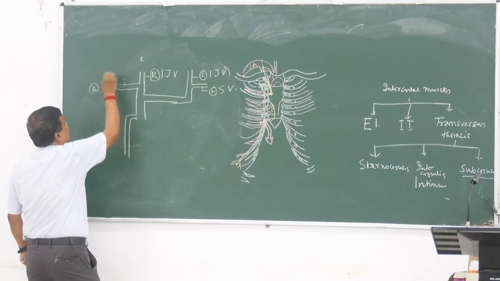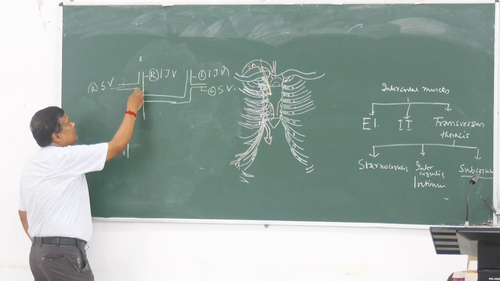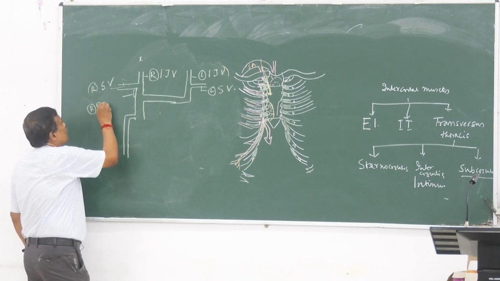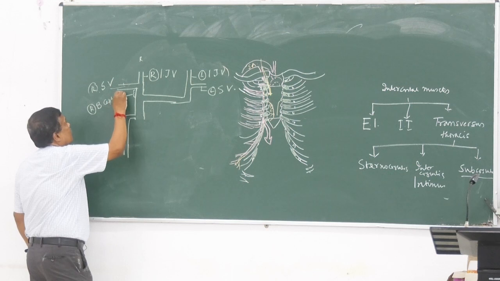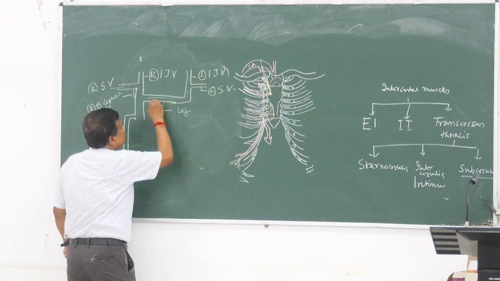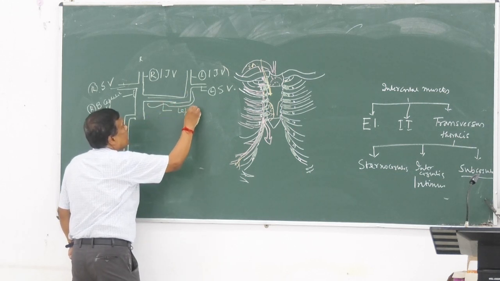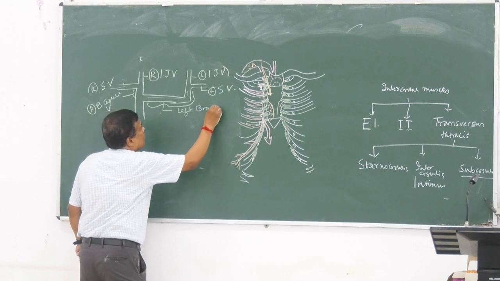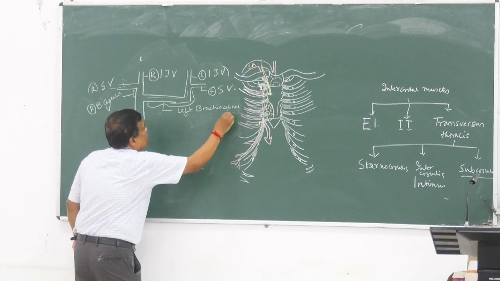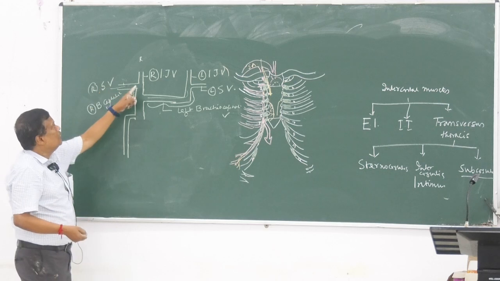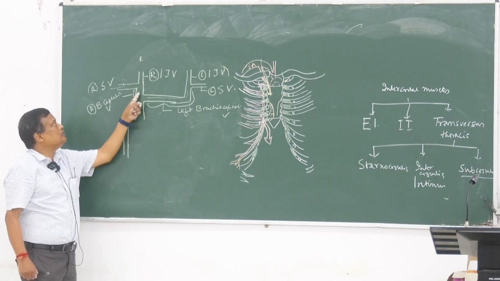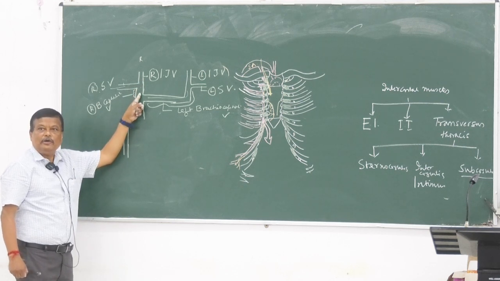Right subclavian vein. Left subclavian vein and internal jugular vein join to form right brachiocephalic vein. এইখানে এই পুরোটা হচ্ছে লেফট ব্রেকিওসেফালিক ভেইন। বুঝতে পেরেছো? এই পিকচারটা আঁকবে। ইন্টারনাল জুগুলার ভেইন and subclavian vein join to form on the right side right brachiocephalic vein.